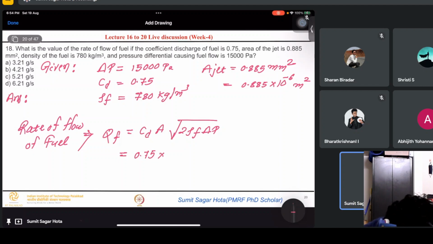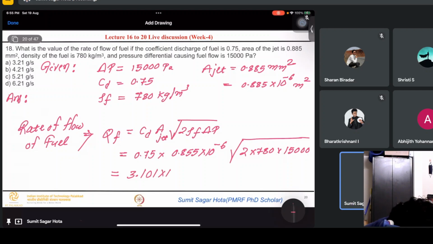Area, 0.885 times 10 to the power minus 6, square root of 2 into 780 into 15,000. Okay, so what is the value you will get?